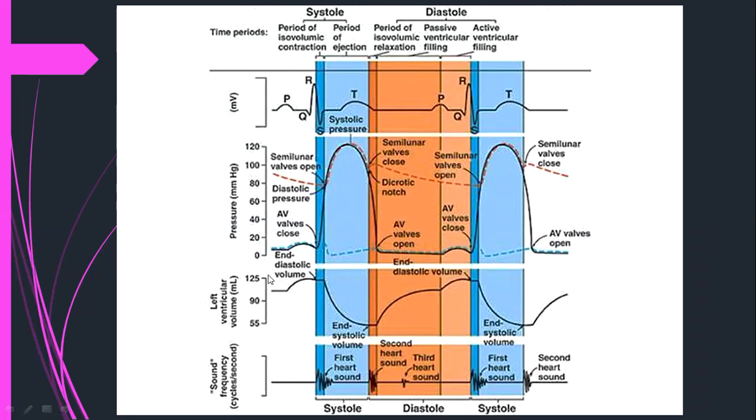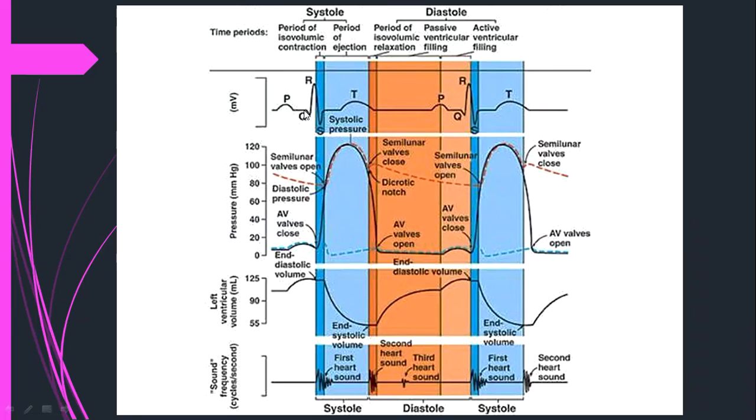For this graph, the EDV will be around 125 milliliters.